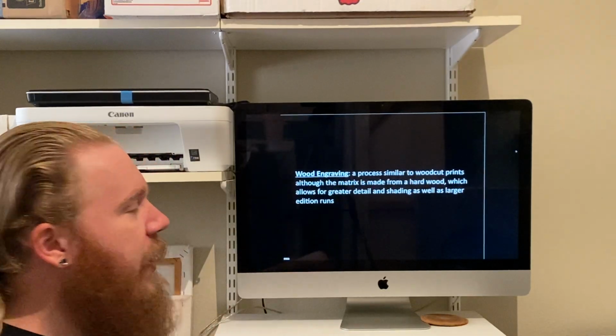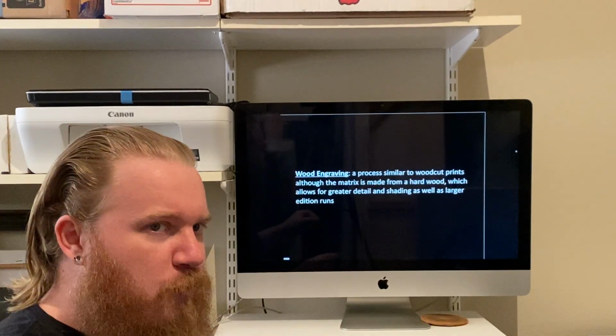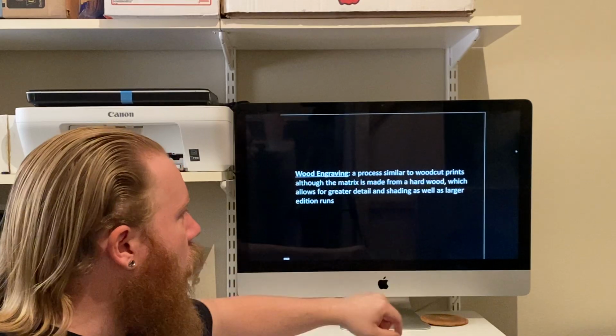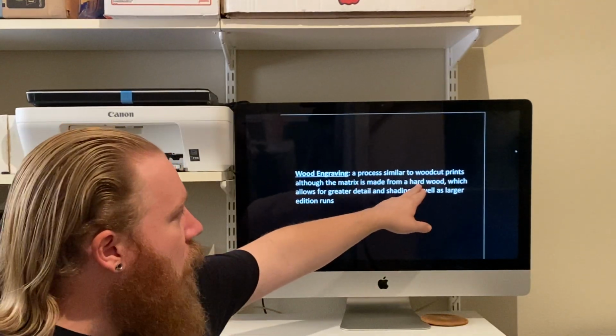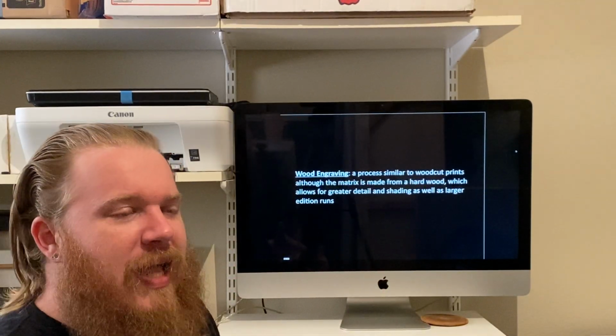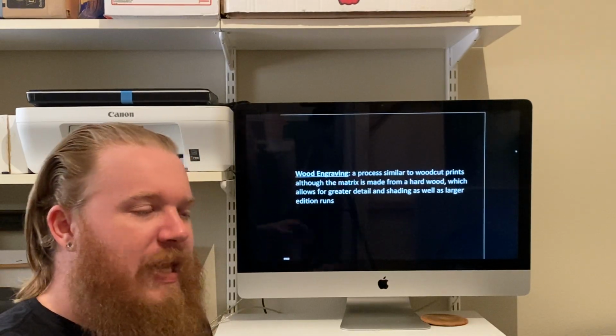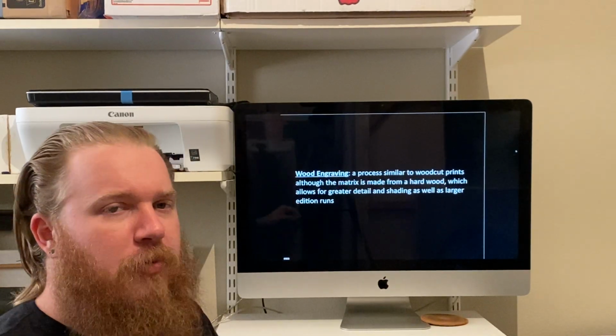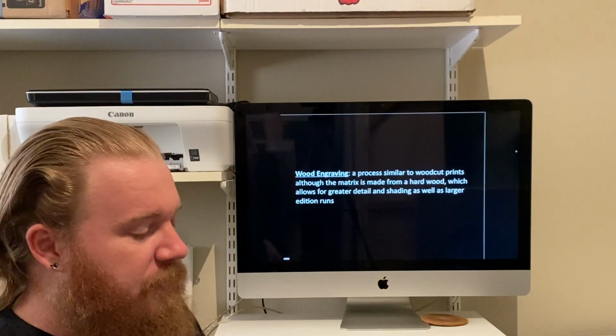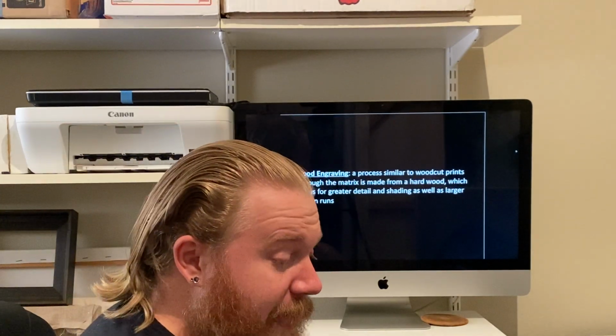Versus wood engraving: once again, woodcut, soft wood; wood engraving, hardwood. This hardwood allows for greater detail to be carved into it, and it holds up better to the pressure of the printing press. So we can do a lot more crazy things with it.